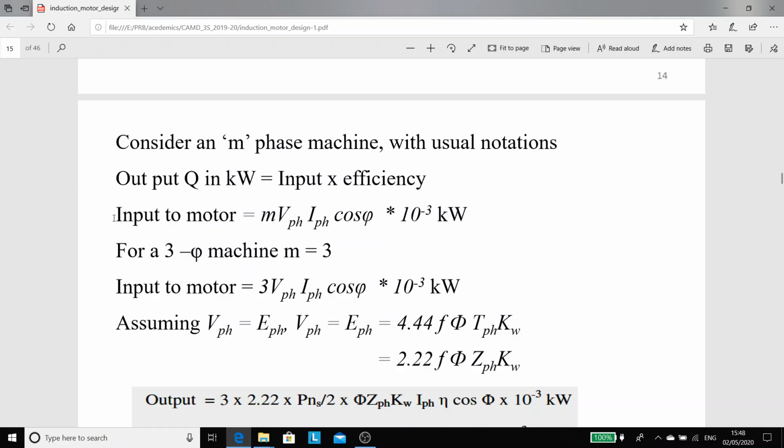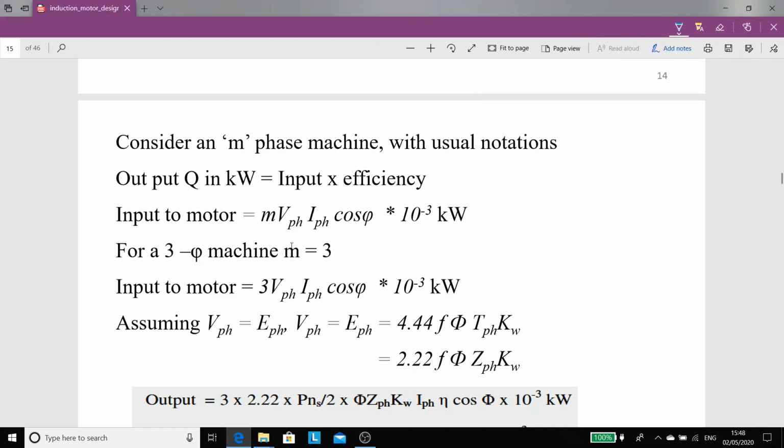So the input to the motor is in electrical form, and it is equal to VPH, that is the per phase voltage, into IPH into cos phi, that is the power factor.